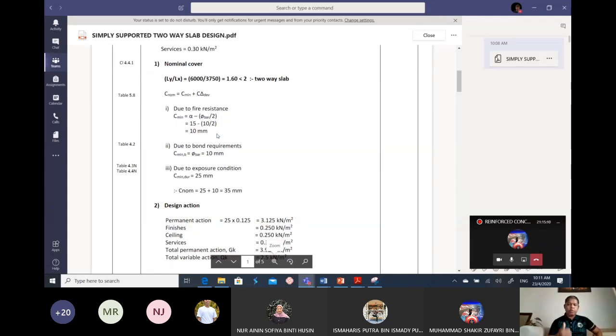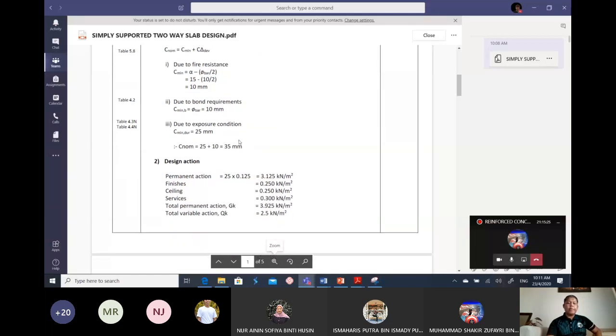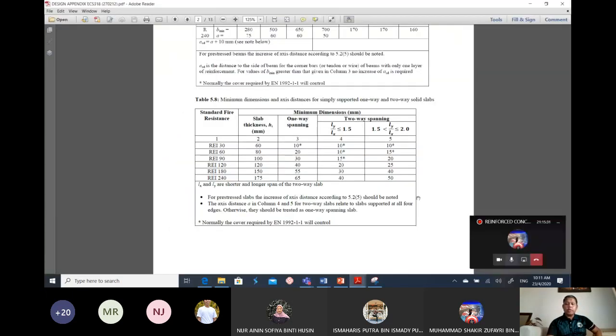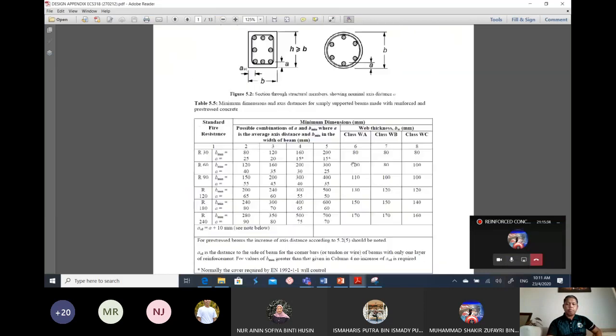Again, if it is not given, you have to assume the value is 10. The second one is due to the bond requirement, equal to C minimum b, by referring to table 4.2, equal to the diameter bar, which is 10 millimeter. And then C minimum durability, as usual, we have to refer to this table.